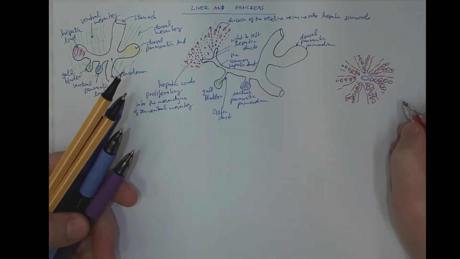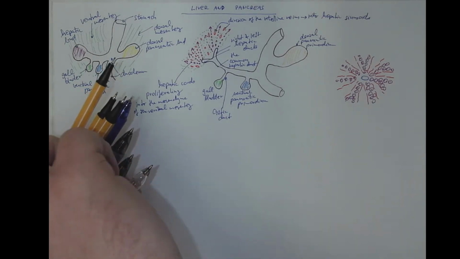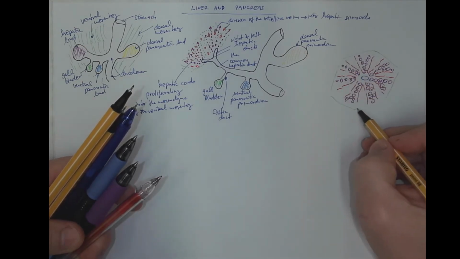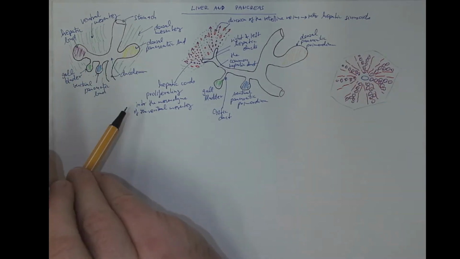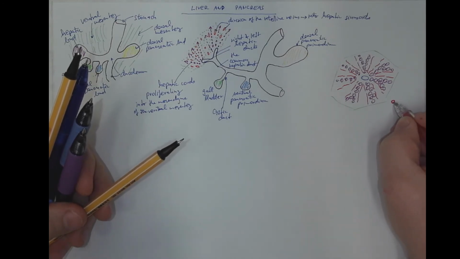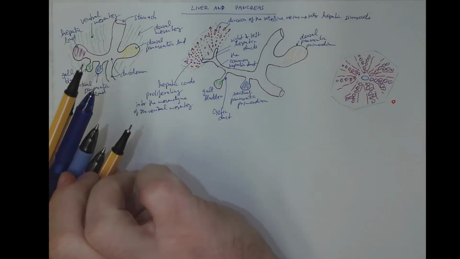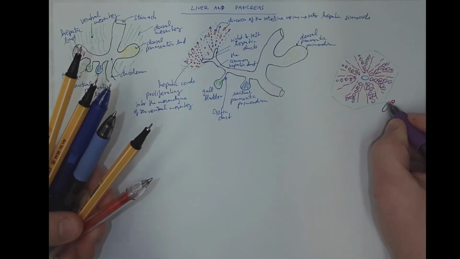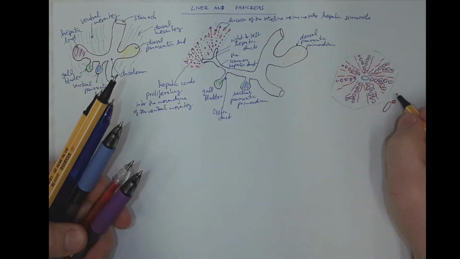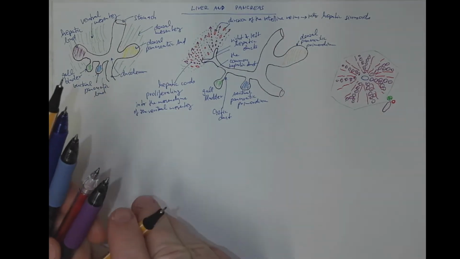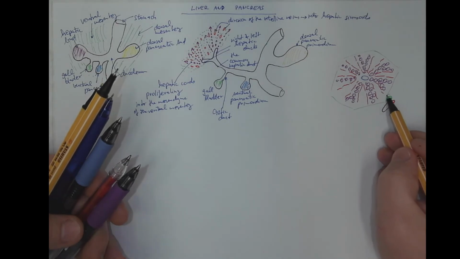And here we've got the portal triad. In the portal space, that's where we've got a branch of the hepatic artery proper, a branch of the portal vein, and a hepatic bile duct with simple cuboidal epithelium, together being called the portal triad.